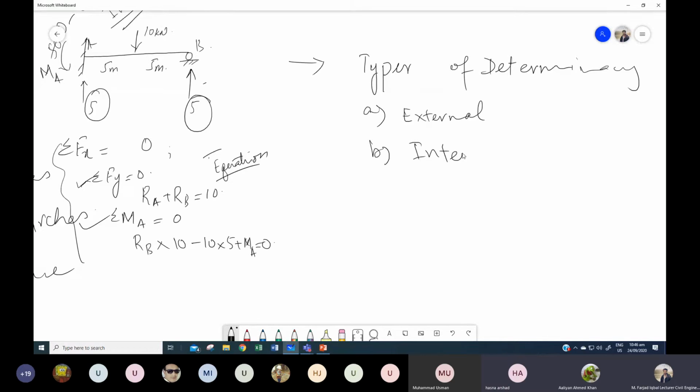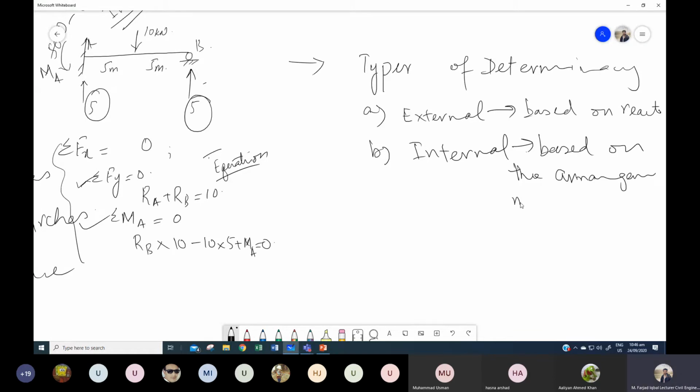External and internal, right? The external one is based on the external reactions, and the internal one is based on the arrangement of members and joints.